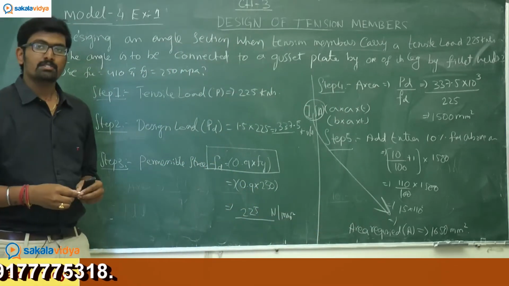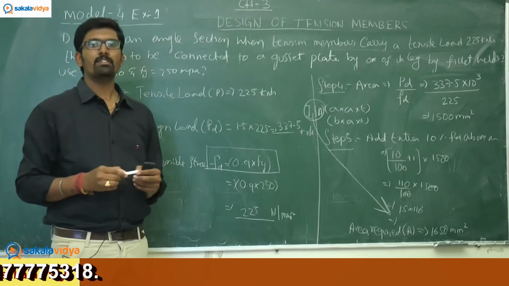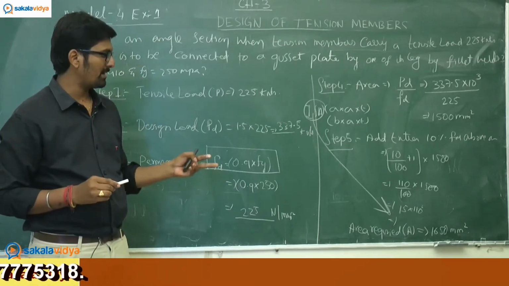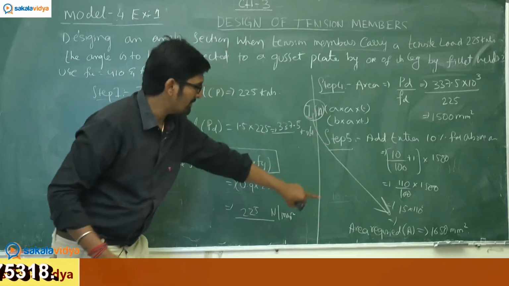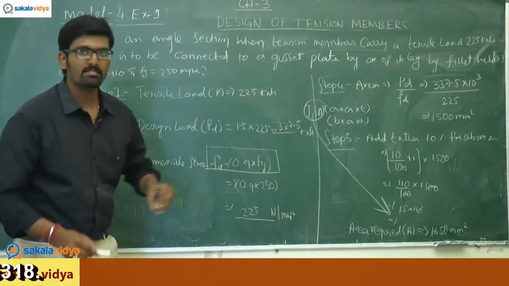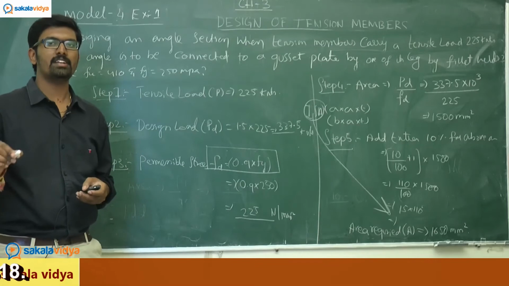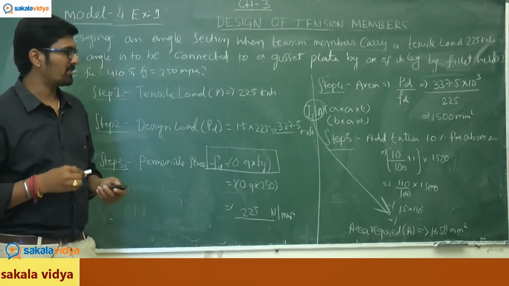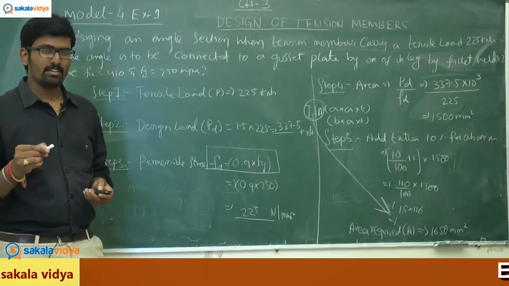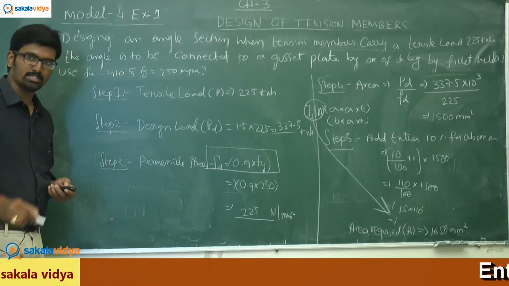Based upon the required area after adding 10%, we select from the steel table book. After that, the procedure is the same as your previous problem. So now let us select one suitable ISA from the steel table book.